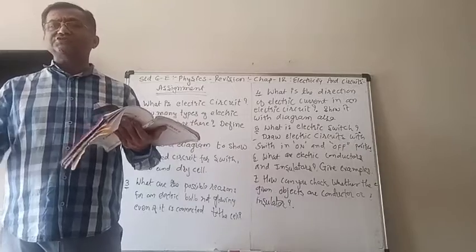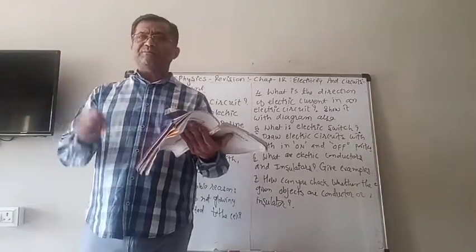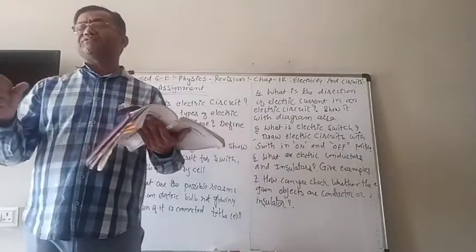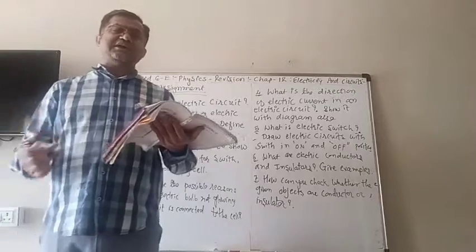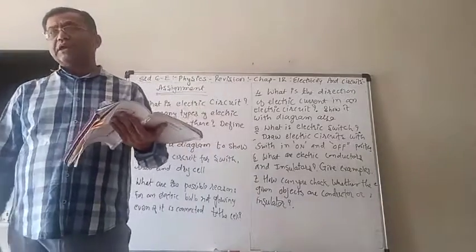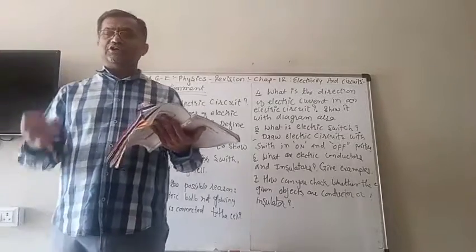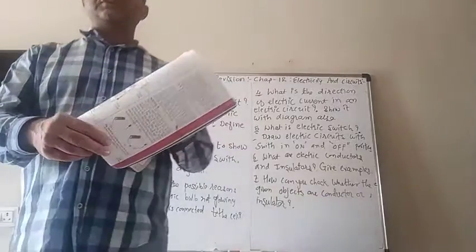The ends of the wire should be kept open. In this open gap you can join different materials and check whether the bulb is glowing or not, as shown in the figure here.